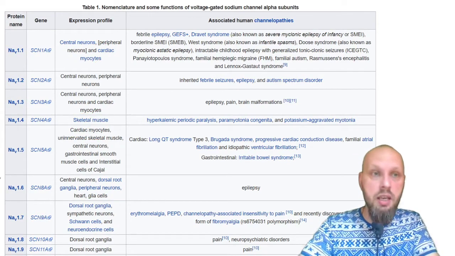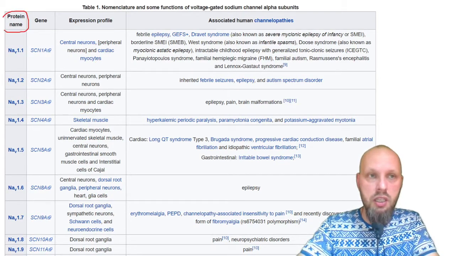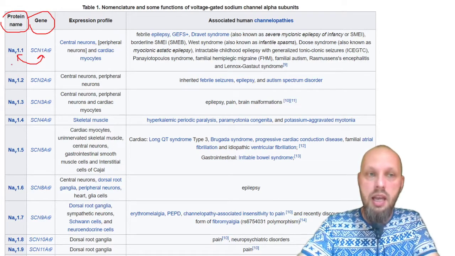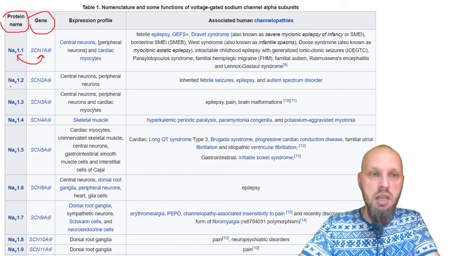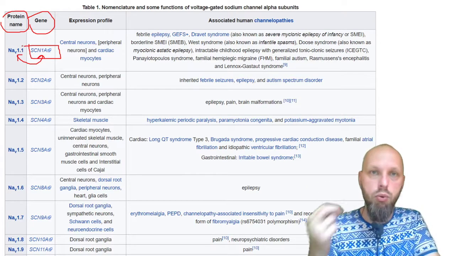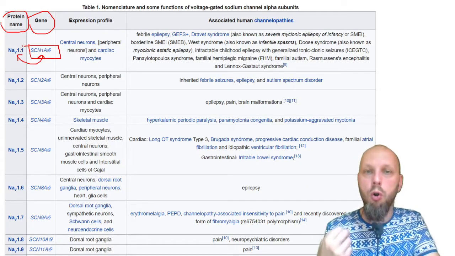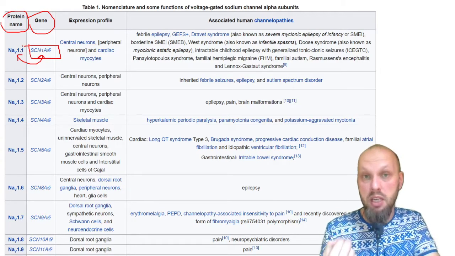Learning point number 3 is that for each protein, we have a gene, and proteins and genes have slightly different names. And a table like that is really important if you want to learn more about something like that, because now you can take the name of a gene and put it into a search engine and look for all scientific papers that mention it.